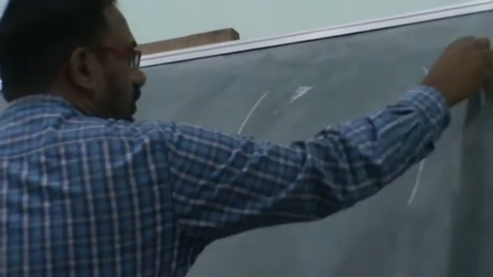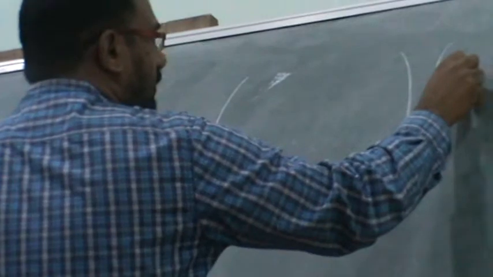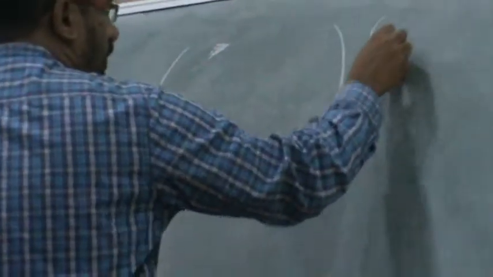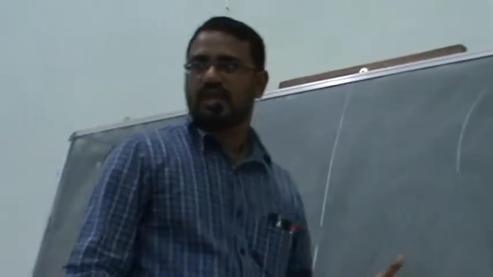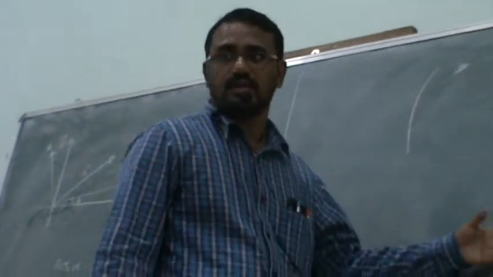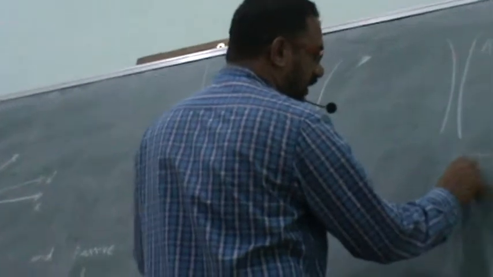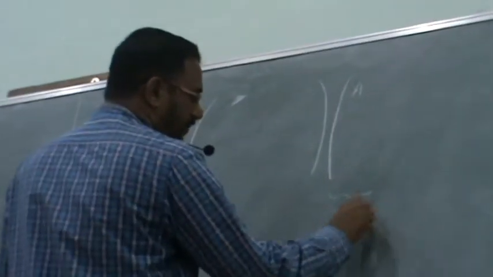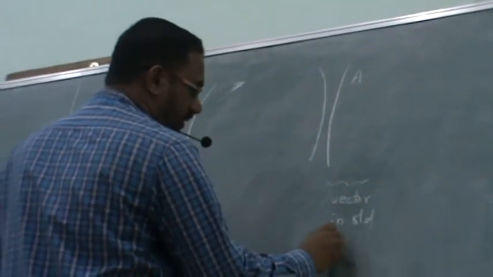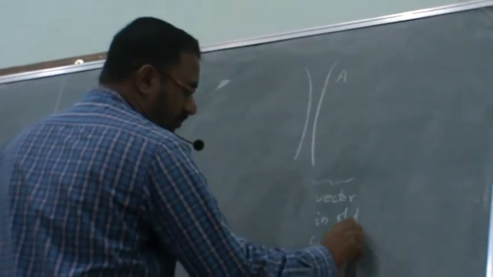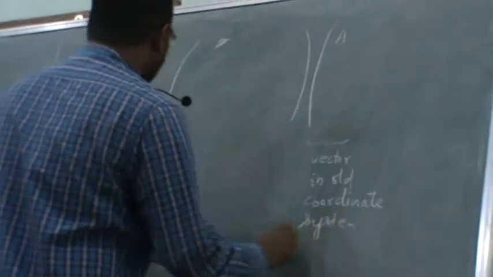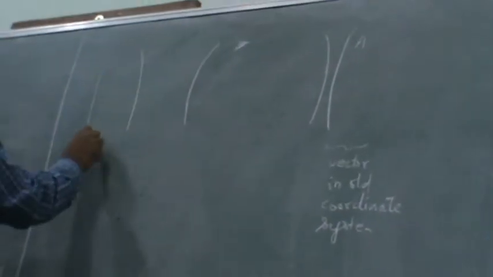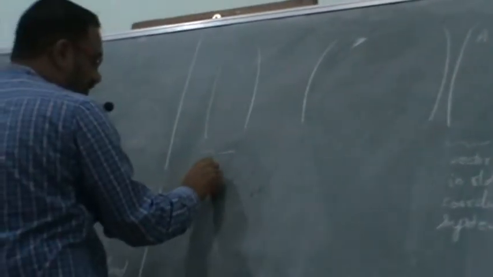Now one can write this transformation equation in matrix form, where this is the vector before transformation in the old coordinate system, and this is the vector in the new coordinate system.